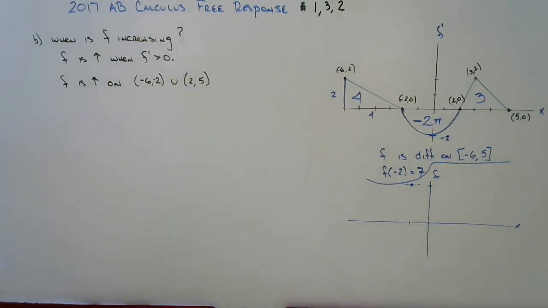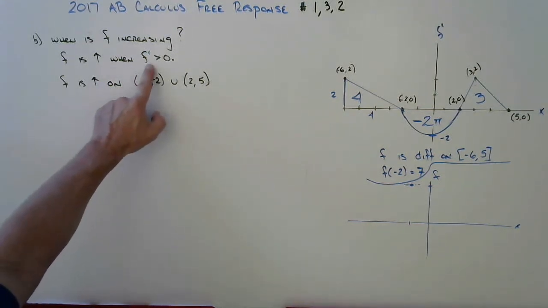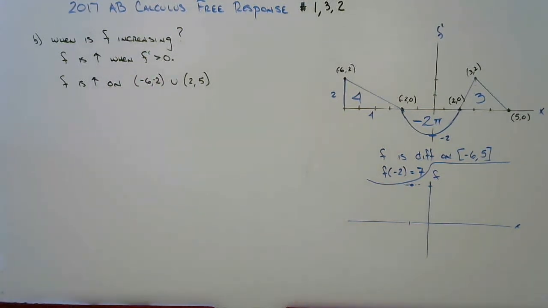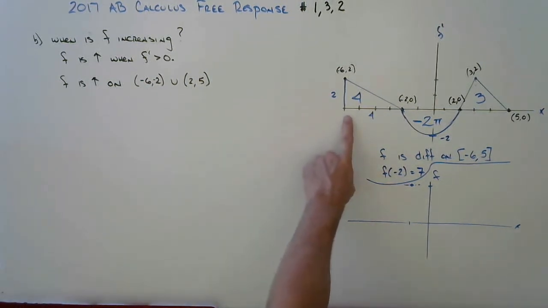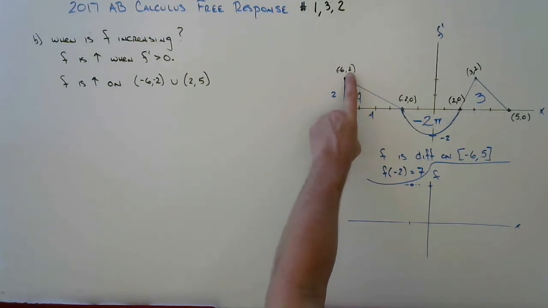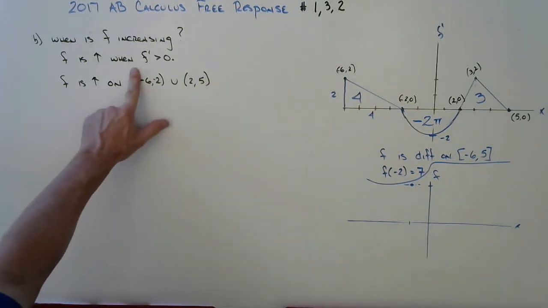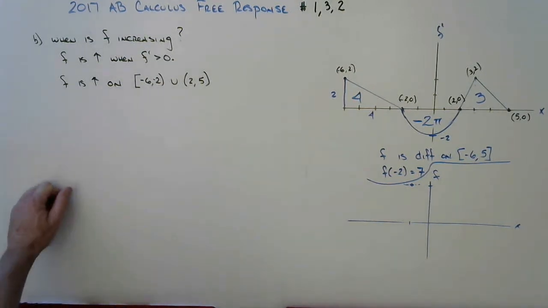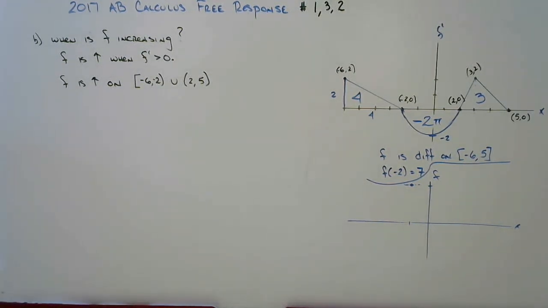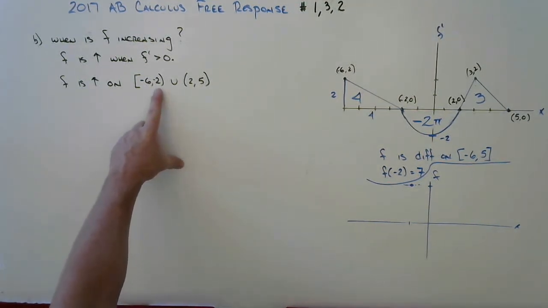Now we have to check the endpoints. Remember, it's increasing when the derivative is greater than 0. Is the derivative greater than 0 at -6? Well, at -6, the derivative is +2. So we are increasing at -6. Are we increasing at -2?